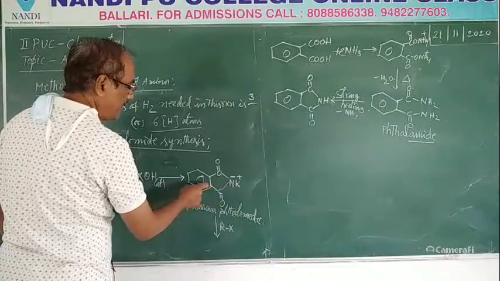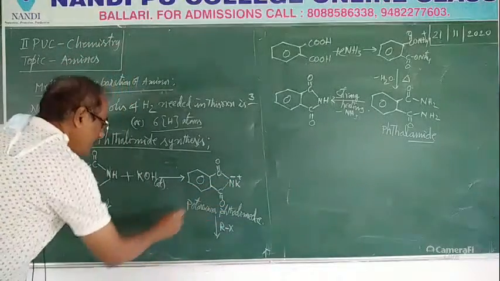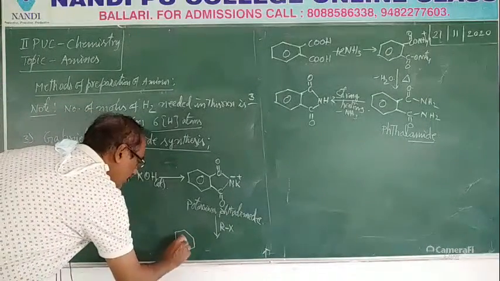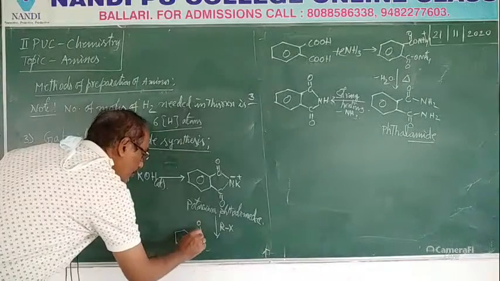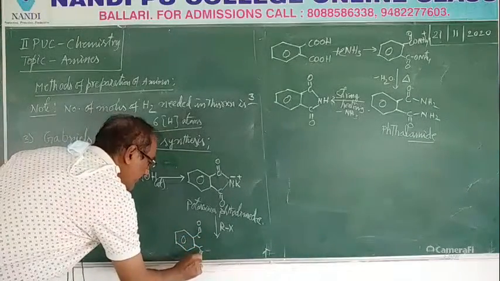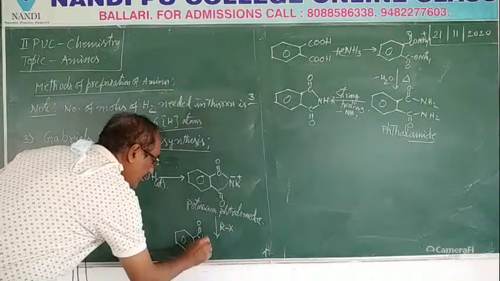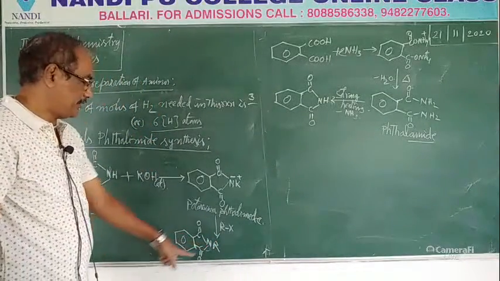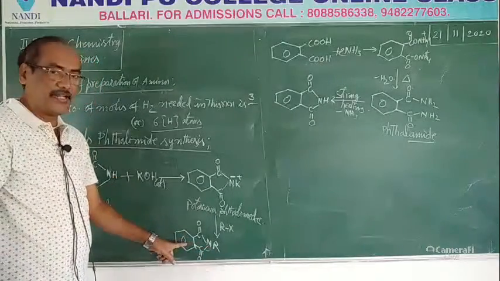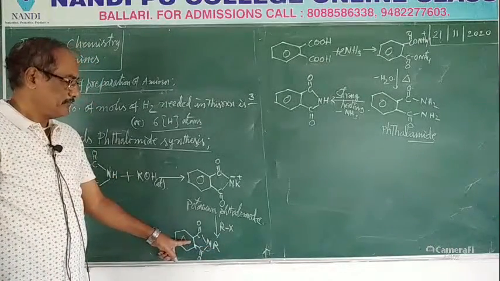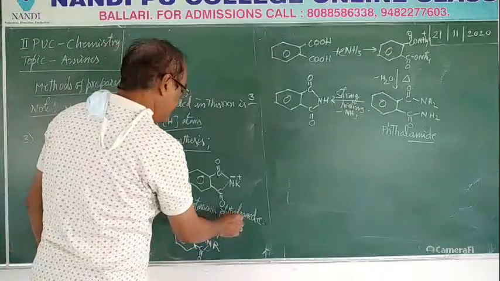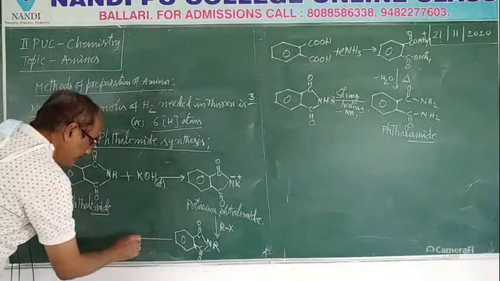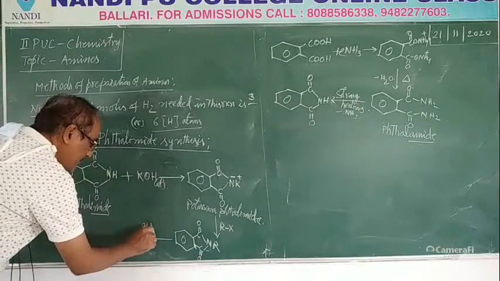The negative ion of phthalimide. So we will get the product with C=O, C=O, N-R, that is N-alkyl phthalimide. This is potassium phthalimide, and this is N-alkyl phthalimide, which is treated with aqueous NaOH.